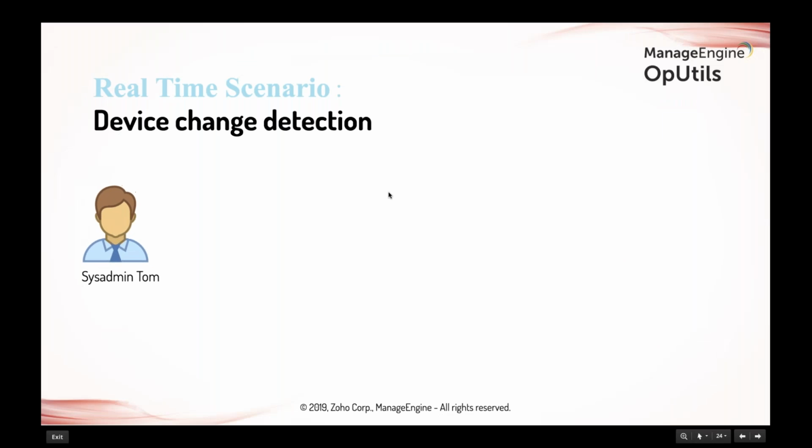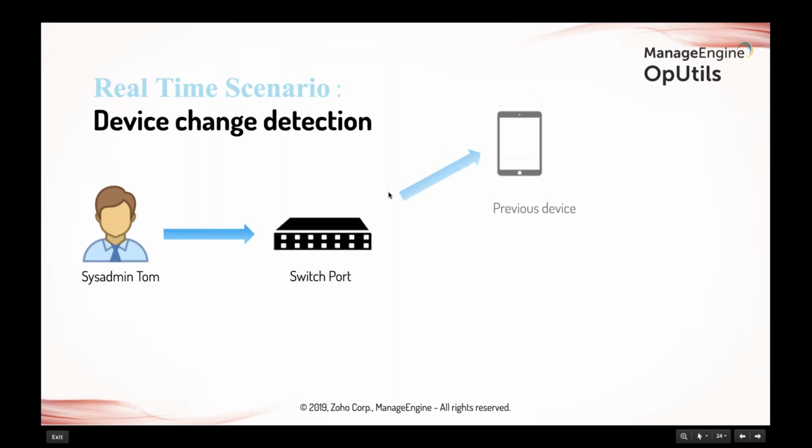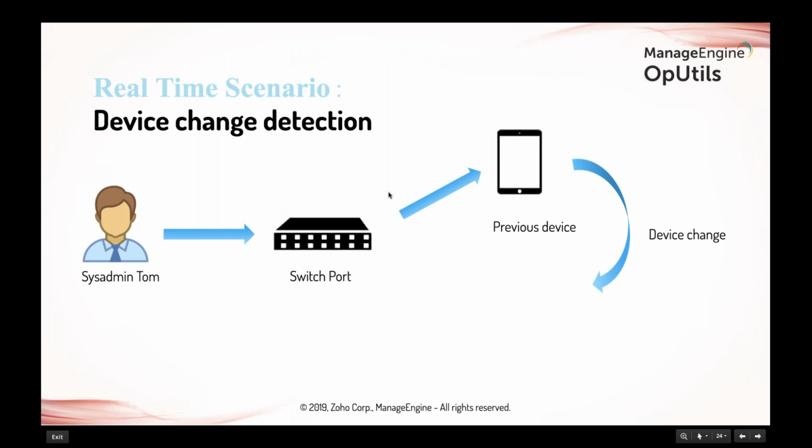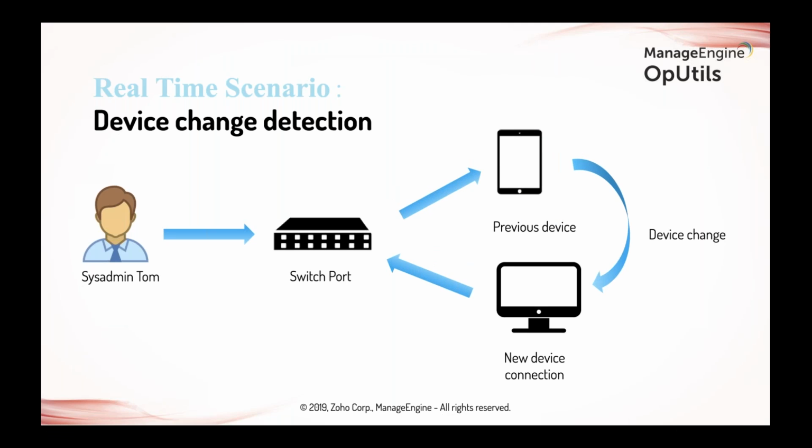So, the real-time scenario for a network engineer. There might be a scenario where one particular port on a switch is being used by one device, and later it turns out to be a new device connection, and a user won't be able to keep track of it.